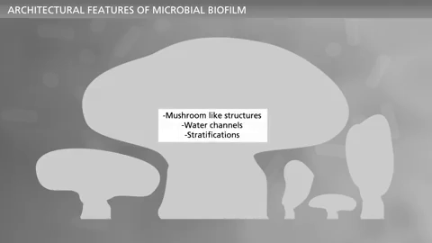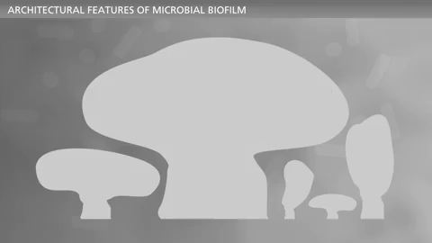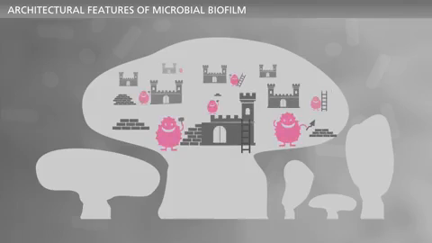First, the architectural features such as mushroom-like structures, water channels and stratifications may be the result of chemical gradients, simple growth parameters and physiological adaptation to a particular micro-niche. These can arise with no coordination, cooperation or communication between participant cells.